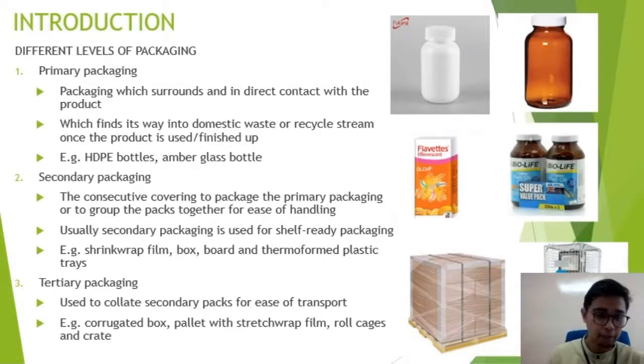The tertiary packaging is used to collect secondary packaging for ease of transport. Usually, examples of the tertiary packaging are the corrugated box, the pallet with the stretch wrap film, as you can see in the bottom right of the picture, and also roll cages and crates.